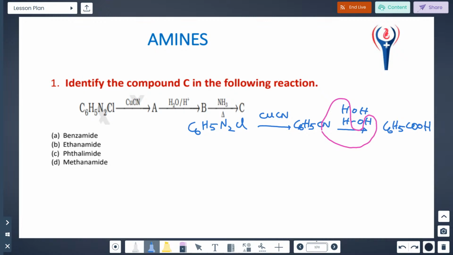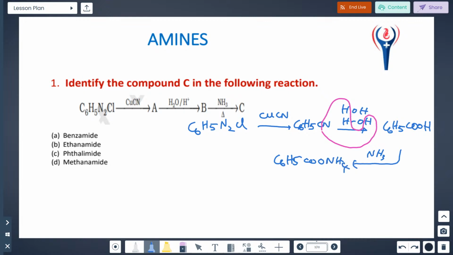Now, this again reacts with ammonia followed by heating. So you just add it as it is: C6H5COONH4.